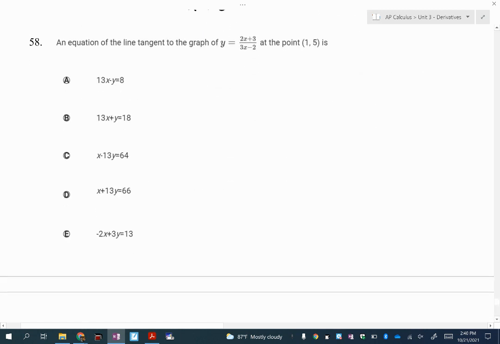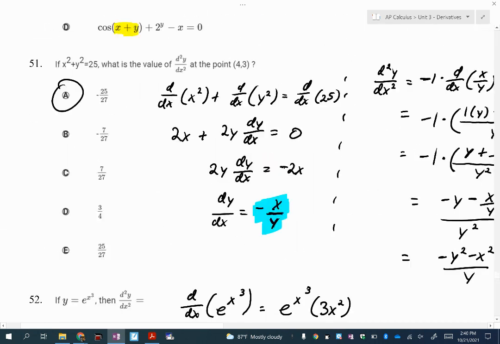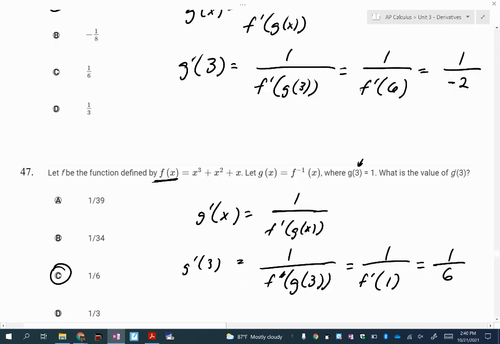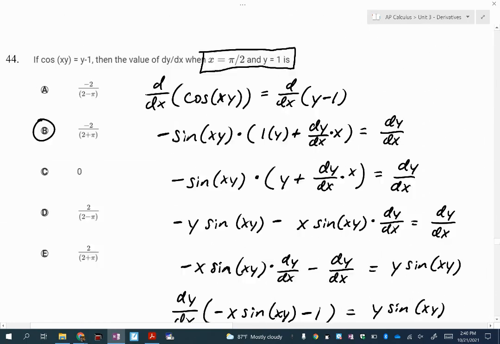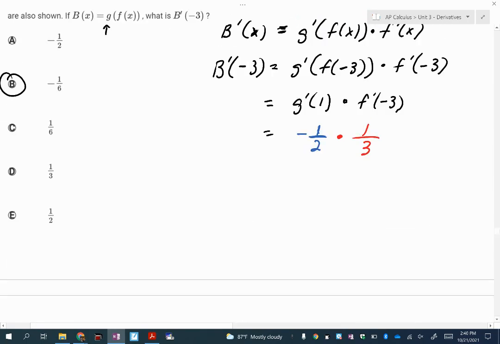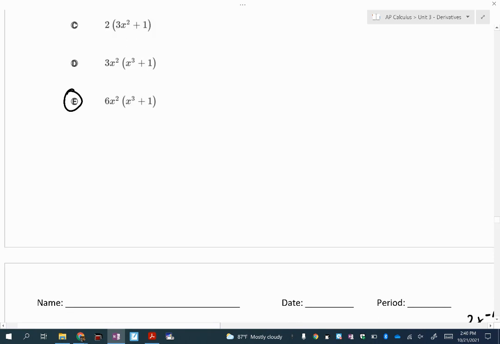58. So close. 3 more to go. We want to find the equation of the line that's tangent to the graph, which I think we already did in part 2. Let me confirm. I definitely did that one in part 2. Almost there.